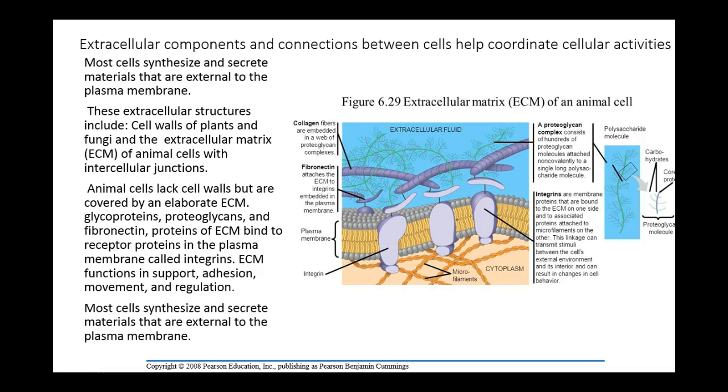One of the reasons why this is needed is, for example, the proteoglycans are bound together in a strong cable, which we call collagen fibers, and then the fibronectin allows for proteins to be embedded into the cell membrane to create these channels.